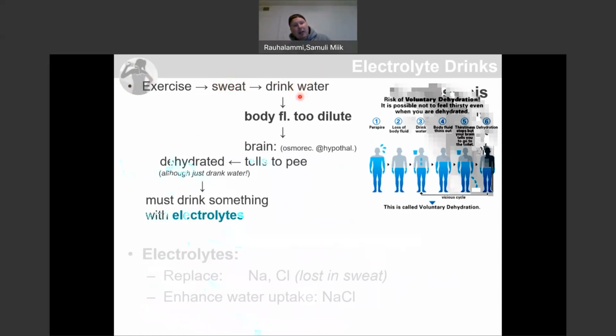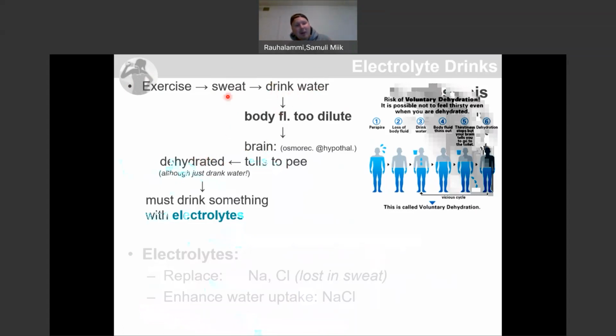Well, what happens when you drink a lot of water and it's just water? Your body fluids become too dilute, and your brain, through those osmoreceptors in the hypothalamus, will now send you a command to urinate, and you will actually become more dehydrated simply because you were drinking a lot of water. So it's almost like a self-fulfilling prophecy. And what you're trying to do works against you.